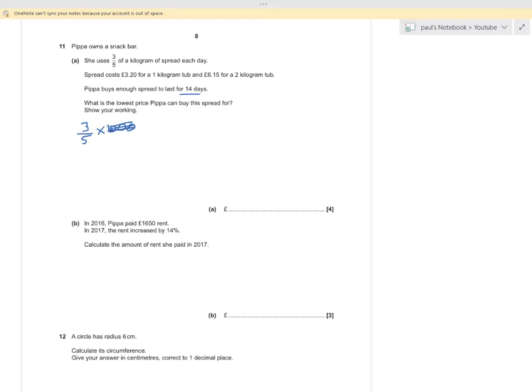Yeah, I'll keep everything in kilograms. 3/5 of 1. So 3 divided by 5 times 1 is 0.6. So that equals 0.6 of a kg. We're going to times that by 14 days. And we use 8.4 kilograms of spread.